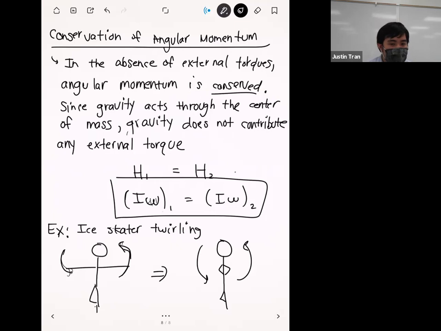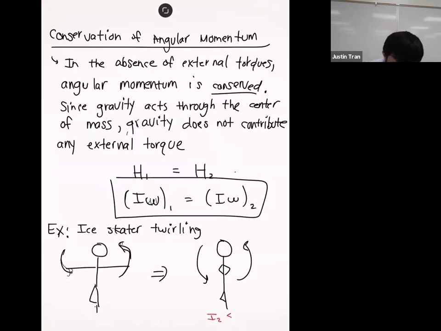Because she brought her arms closer to the body, the moment of inertia in state two is lower than her moment of inertia in state one. Remember, when you bring the mass closer to your axis of rotation, that lowers your moment of inertia. Since I2 is less than I1, in order for the angular momentum to be conserved, omega 2 has to be greater than omega 1.